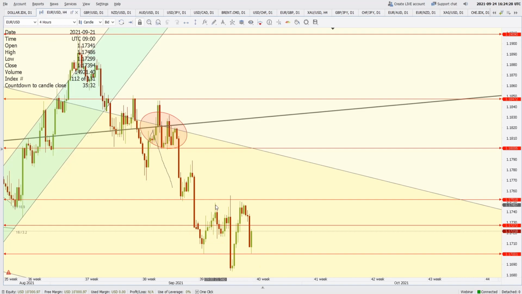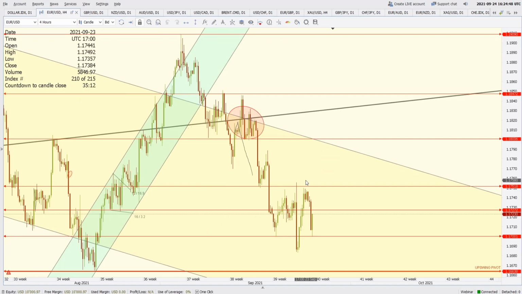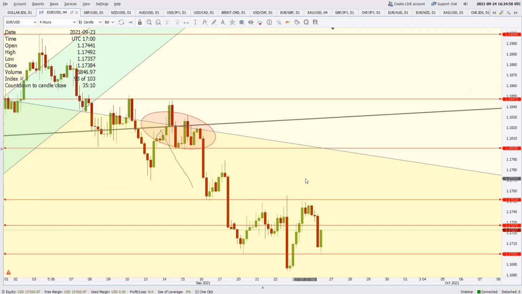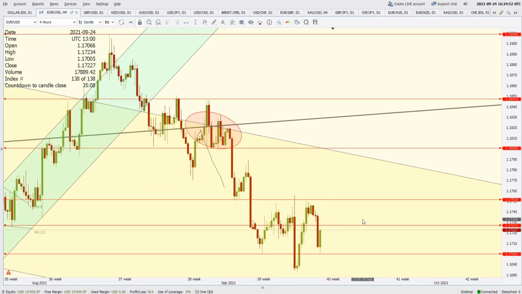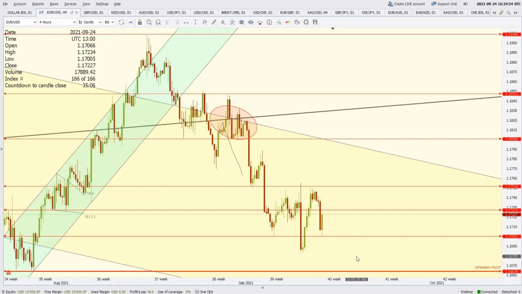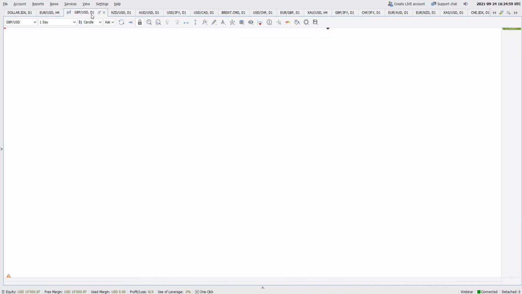See, after this reaction high here, the price made a low here, and then this was a high, and again this is almost the same level of reaction low. So if the price at around 1.1751 breaks to the upside, it can also send the price back to 1.1800. On the contrary, if we see any closing below 1.1700, then 1.1663 will be exposed in this market.